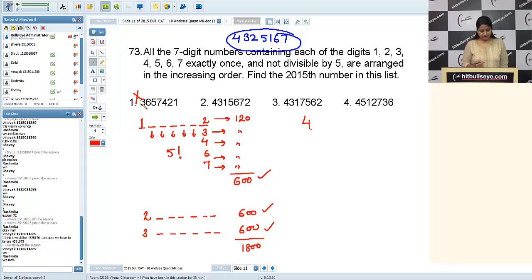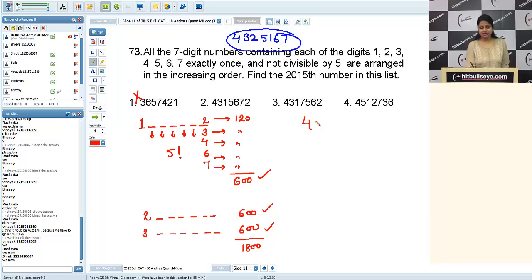Yes. Now, we will take those numbers which are starting with 4, and the first number in increasing order will start with 41. The number starting with 41 shouldn't be divisible by 5. Now, 4 and 1 we have used, so we are left with 2, 3, 5, 6, 7.